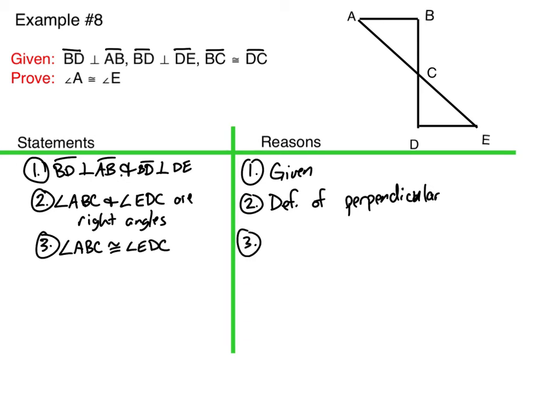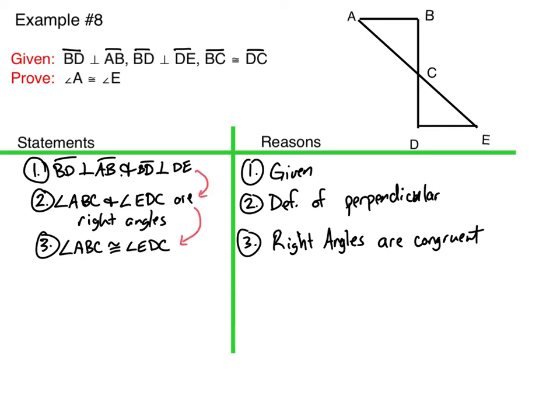And the reason there is that all right angles are congruent. All right, that's a fact, right? You guys would know that for sure. All right, keep moving on. So we had perpendicular led to right angles, which led to congruence.